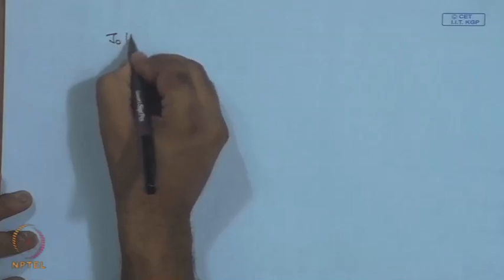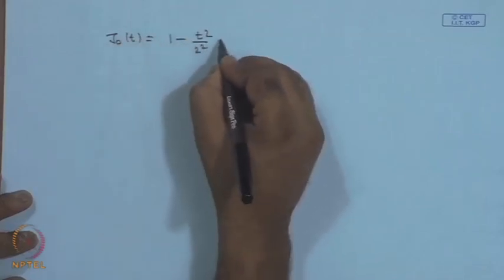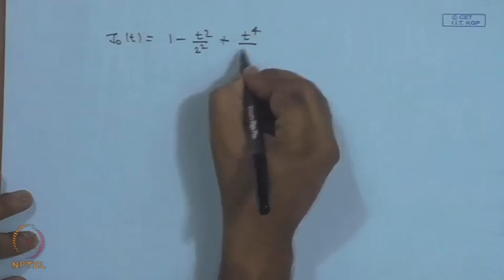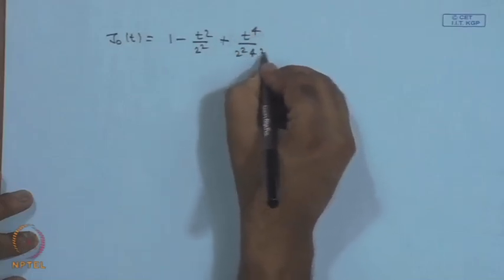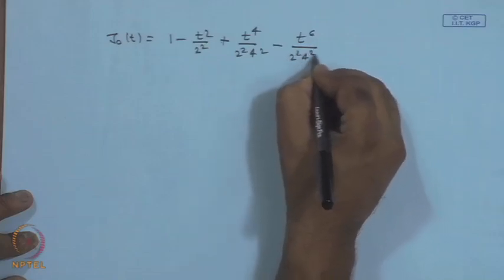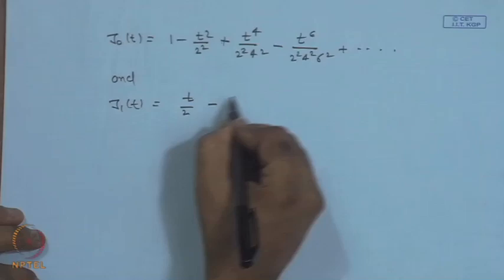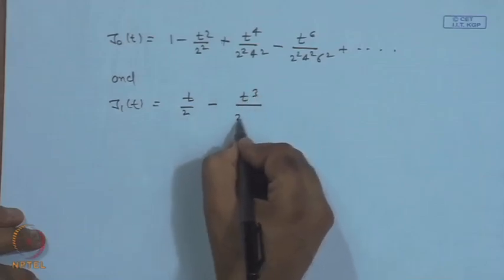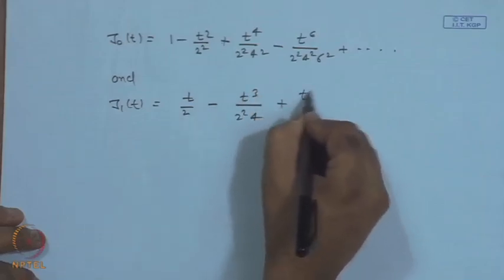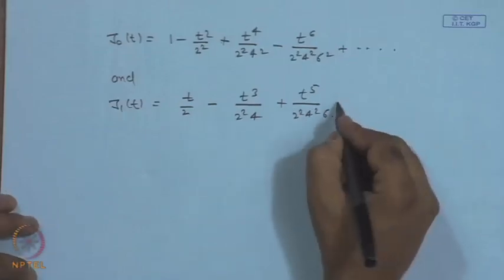So, we will get J_0(t) is 1 minus t square over 2 square plus t to the 4 over 2 square 4 square minus t to the 6 over 2 square 4 square and 6 square, and the J_1(t) is t over 2 minus t cube over 2 square 4 plus t to the 5 over 2 square 4 square and 6 and so on.